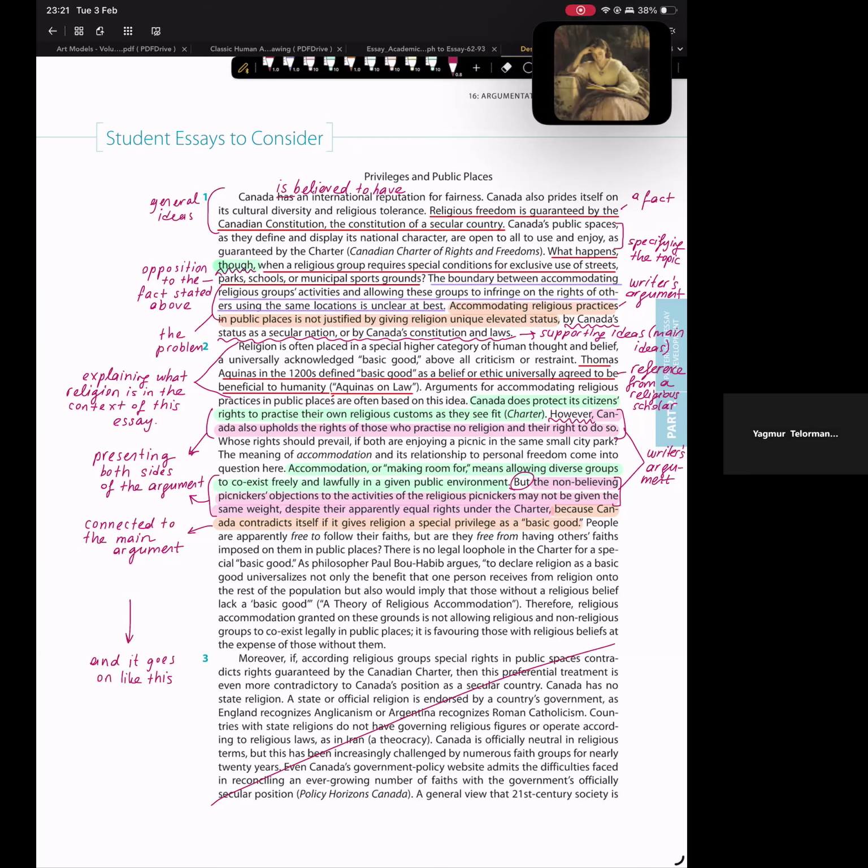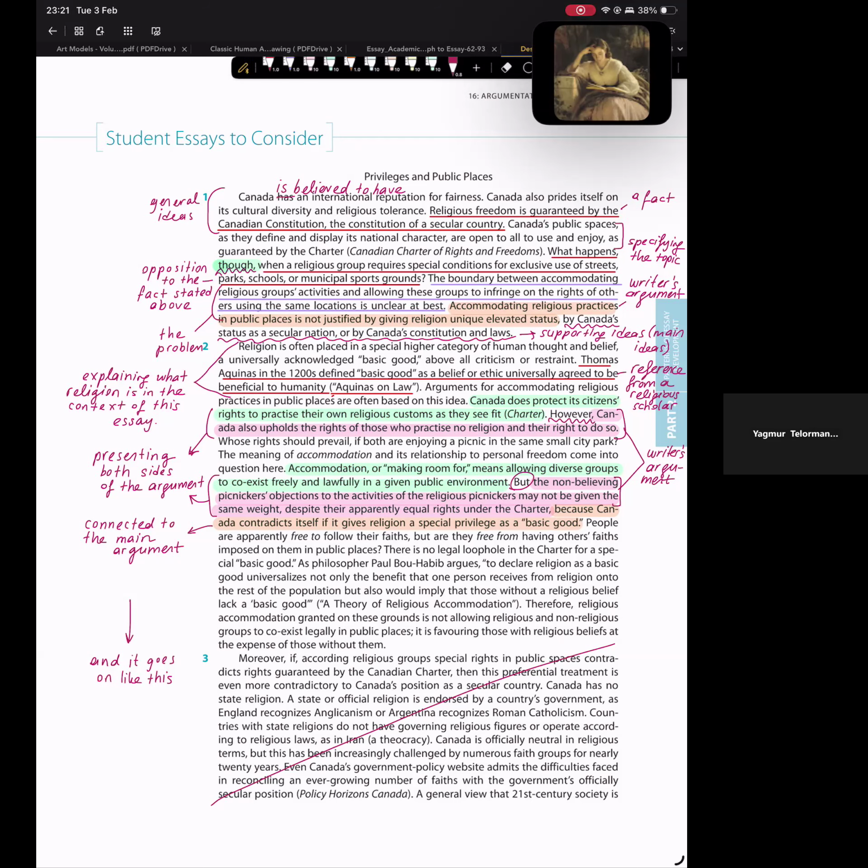So, opposition to the fact that was mentioned in the previous sentence, which is signaled with the use of the word though. So the fact stated above is opposed by the writer here.